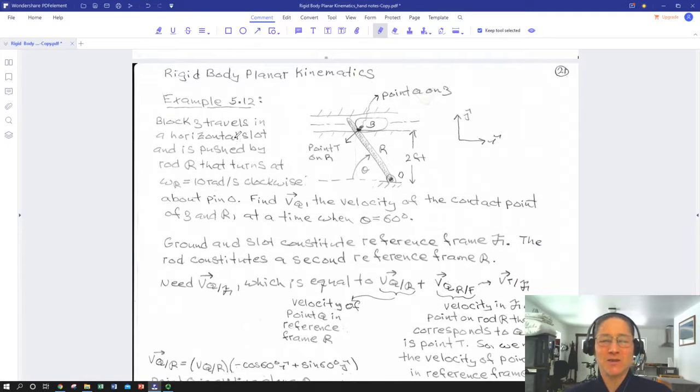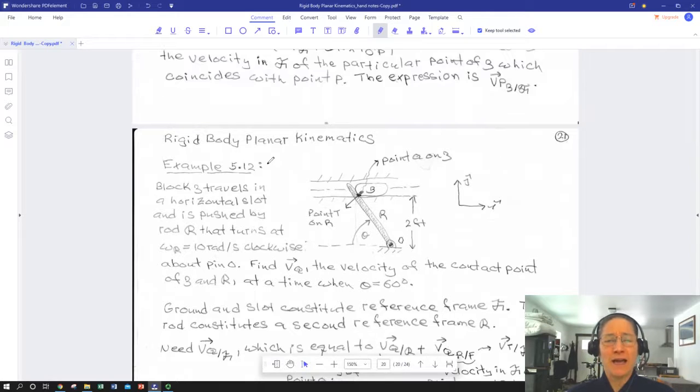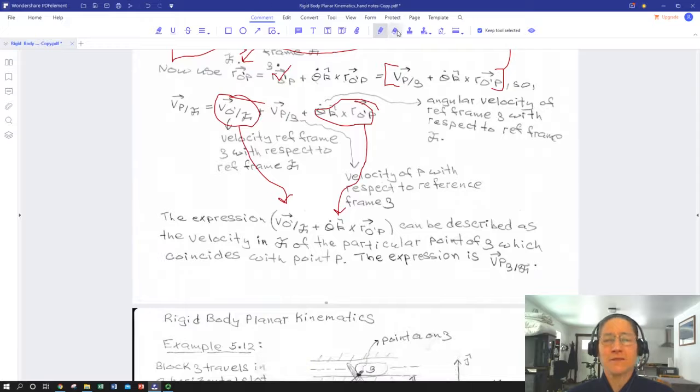So let's use a very concrete example to try to apply this. And just as a hint, relative reference frame problems hinge on figuring out what body or bearing surface or point on another body to assign as its own reference frame or as a point of contact between reference frames. So we'll apply this equation quite a bit, that we went to no small amount of work to derive.